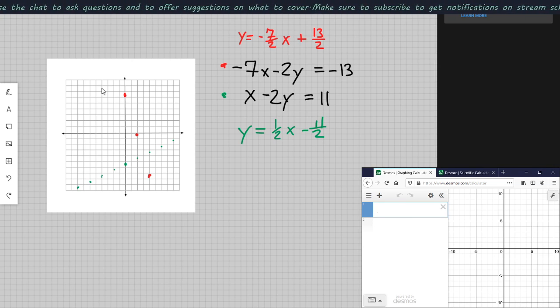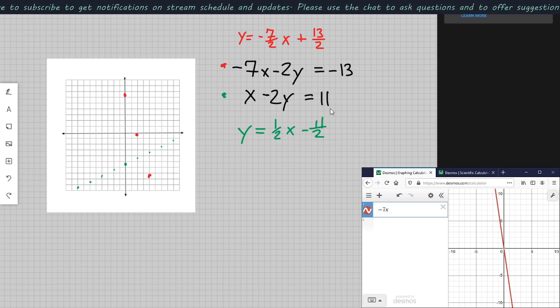What's nice about Desmos, I do not need to put them in slope-intercept form. I'm going to put them in just the standard form they gave us. So I can plot the y-intercepts. I could have done it that way as well, since I was in standard form.